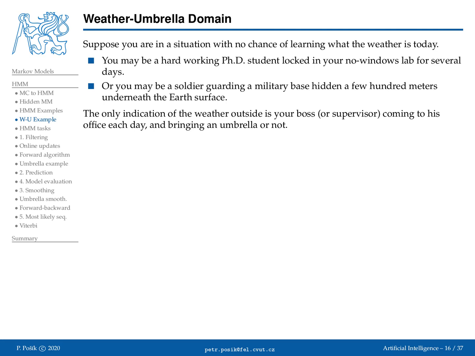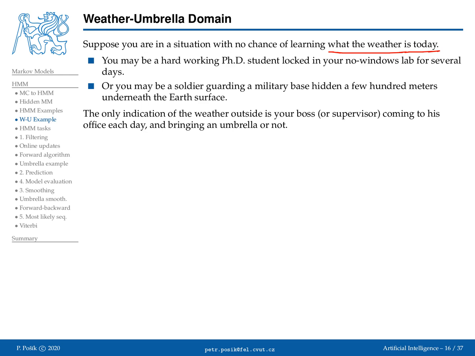The weather umbrella domain is basically the situation where you are maybe a student who is locked by a supervisor in a computer lab or robotic lab, and this lab has no windows, so you have no chance to learn what the weather is outside today.